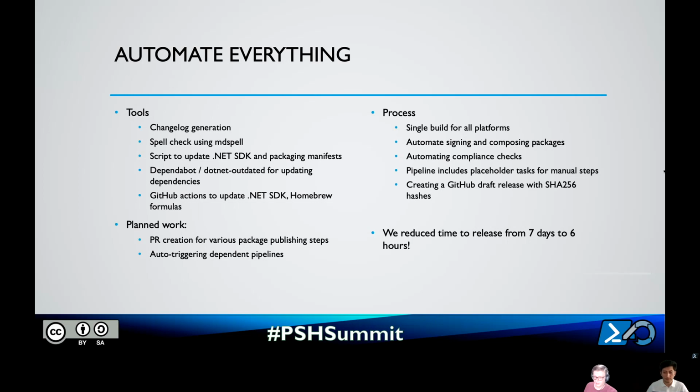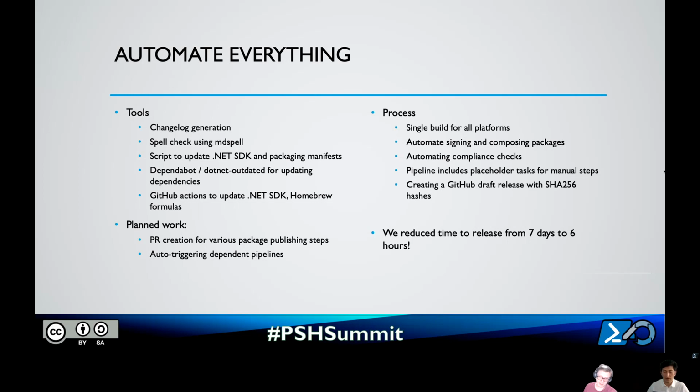We have a GitHub draft. We create a GitHub draft automatically that uploads the files and creates all the SHA hashes. We still have some work there to completely automate the draft, but we've done that part of the work.